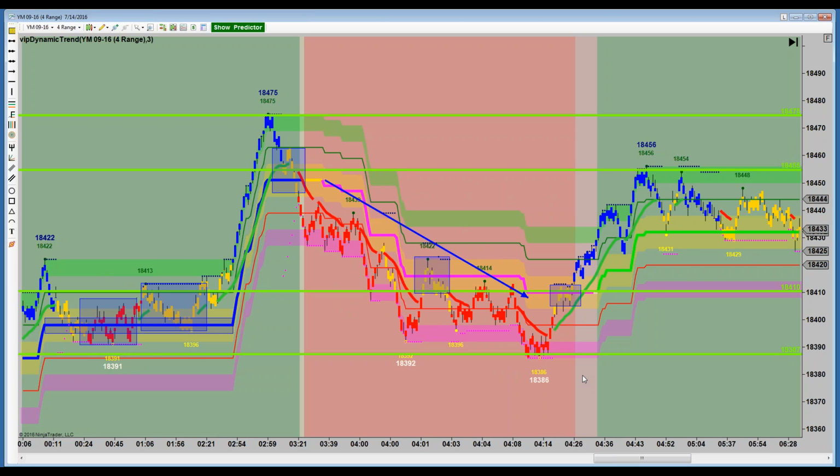Over here, for instance, you can see that going into the open of today's session on YM, we were more or less flatlining inside of the range there, and the midband was flat, like such. Now, we're going to see the importance of drawing these lines ahead of time.